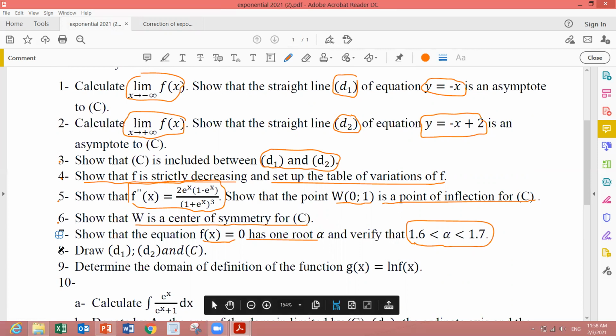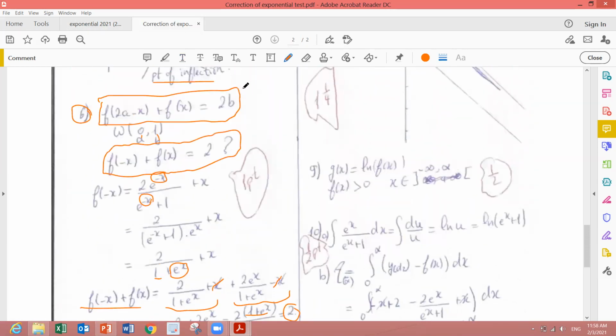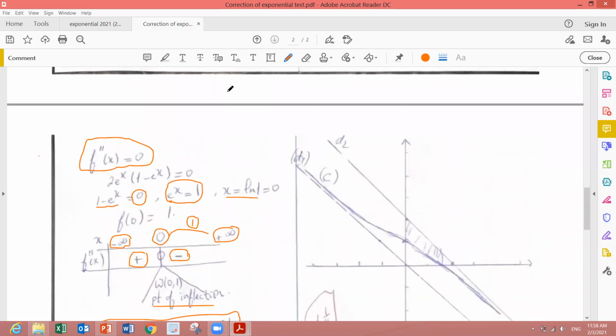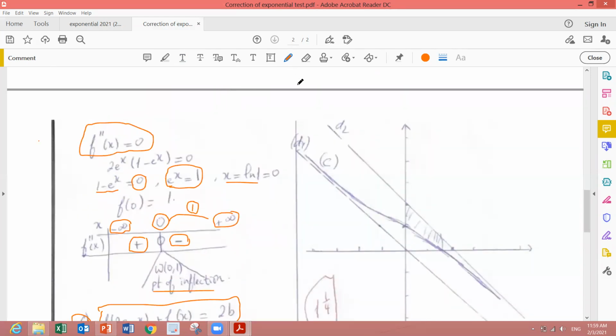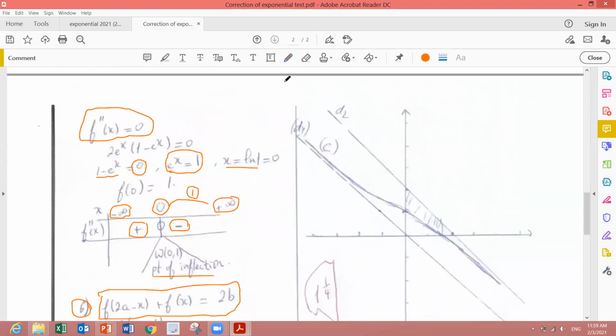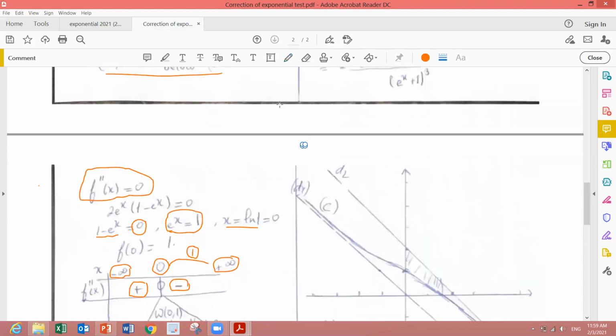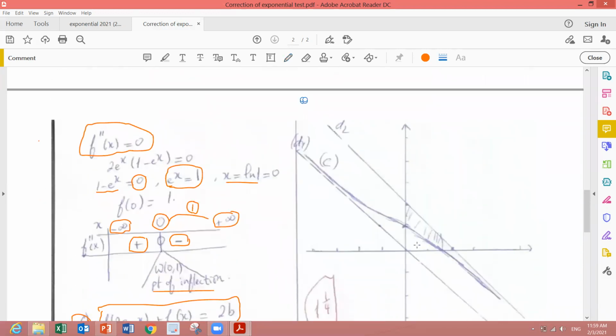Part 8. Draw D1, D2, and C. Now to draw D1: y equal minus x. For x equal to 0, y equal to 0, for x equal minus 1, y equal 1.